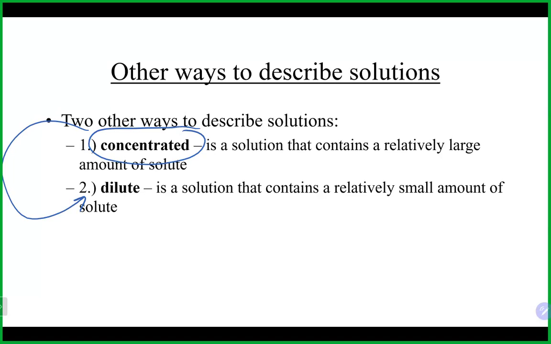Concentrated solutions are sometimes referred to as stock solutions. And again, usually we'll add some water or other solvent to it and dilute it down. If you look at the molarity or the concentration of solutions with the big M next to it, the larger the M value, the more concentrated it is. The smaller the M value that you see on bottles in the lab, the more dilute the solution is.